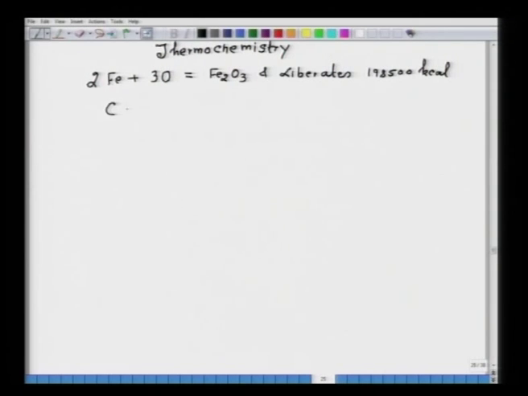Similarly, another example, C plus O2 is equal to CO2 and liberates heat of the order of 97,200 kilocalorie.